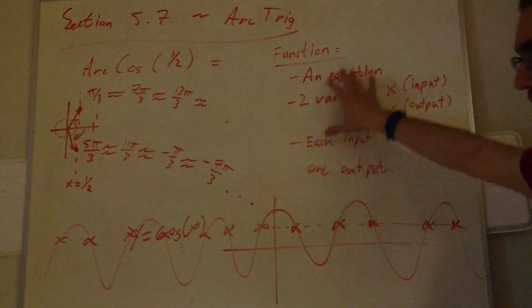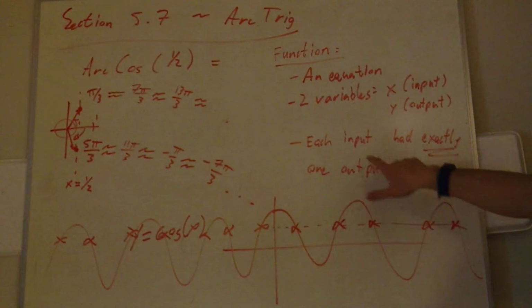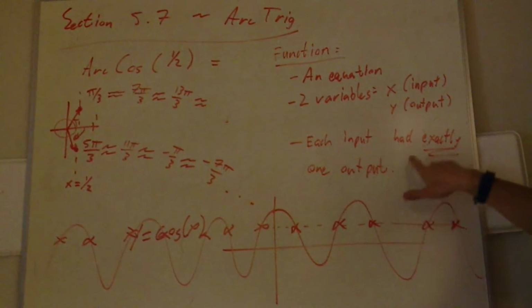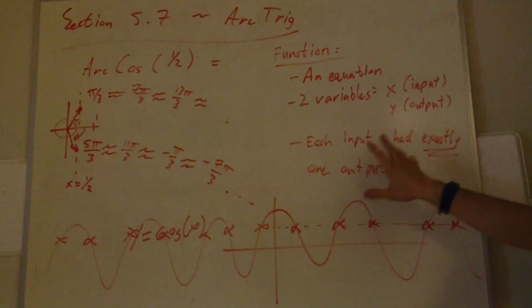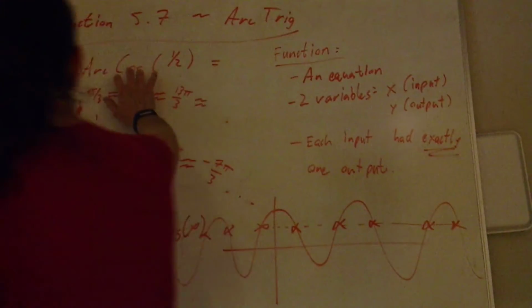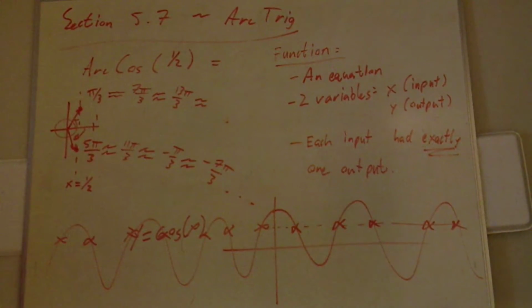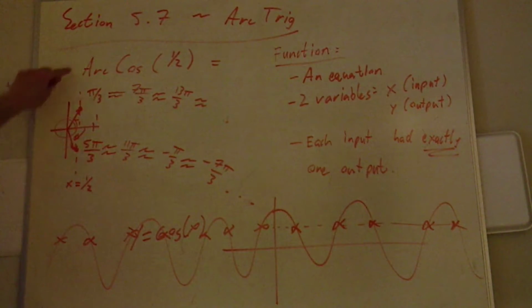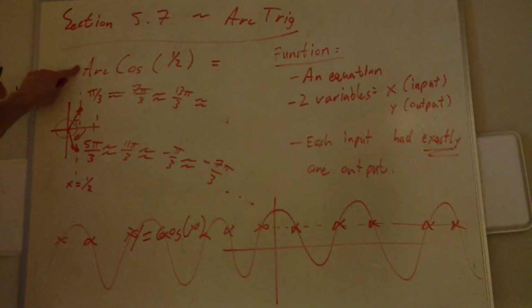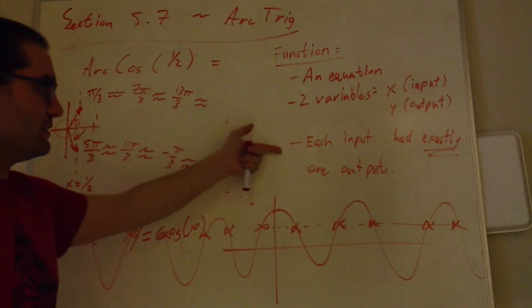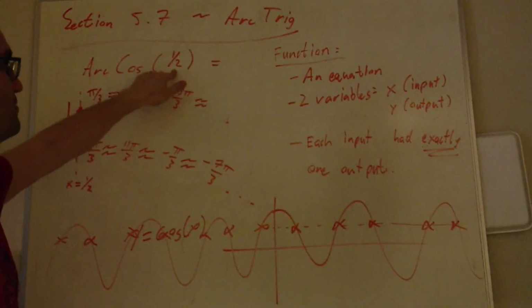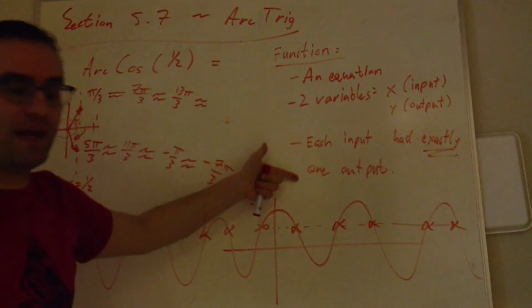This definition of function that we are working with for now says that each input has to have exactly one output in order for this thing to be a function. And we do want this thing to be a function. If this is a function, then we can do fun things with it. We can graph it, and when we get to calculus, we can take derivatives of it. There's lots of benefit to this being a function. But right now it's not, because each input, an input like 1/2, has infinitely many outputs.